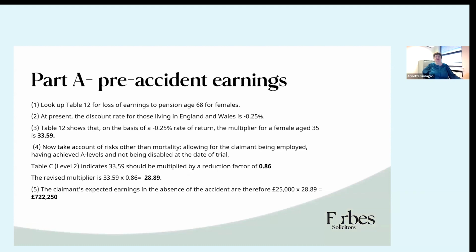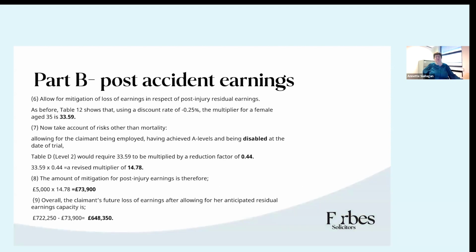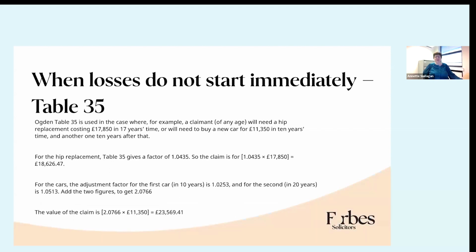You would do the calculation part A going through the pre-accident earnings, and then you would also work out mitigation for any residual earning capacity, and then you would take the sum from part A and take away the part B calculation to get your overall calculation of loss of earnings. Apologies if I'm going through this too fast, but like I say, I don't think I've got time in this session to go through them in detail, but you will get copies of the slides at the end, so you can go through them in detail.